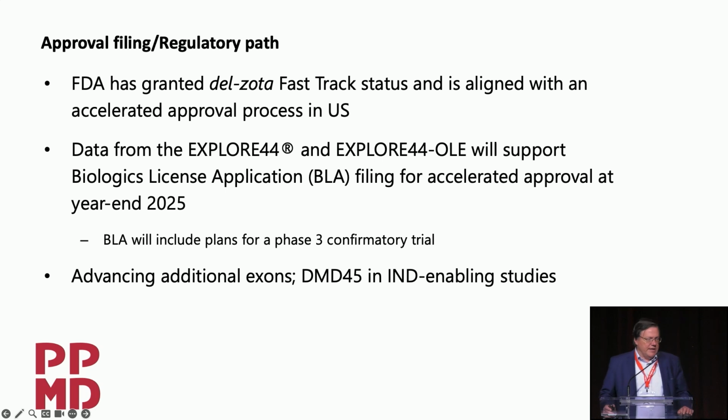Those plans include a phase 3 confirmatory trial, and we await information on whether that will be done ex-US or how that will actually be organized. But the program really will advance to additional exons, including now exon 45 in IND-enabling studies.